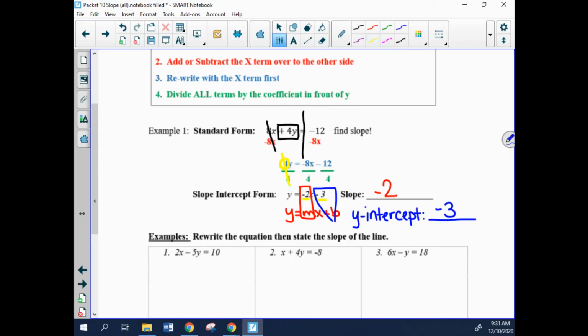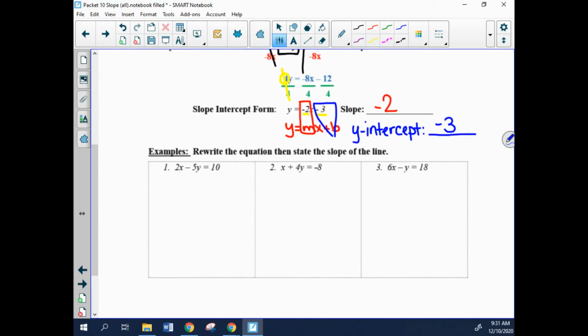Okay, let's try a couple more examples together. It says to rewrite the equation, then state the slope of the line. So if I'm looking at number 1, the first thing I do is put a box around the term I want to isolate. In this case, I want to isolate negative 5y. From here, think about that imaginary wall. I need to move the 2x over to the other side.